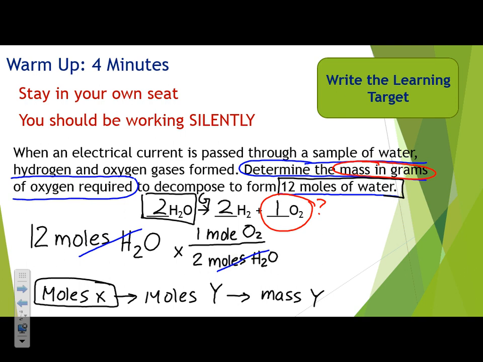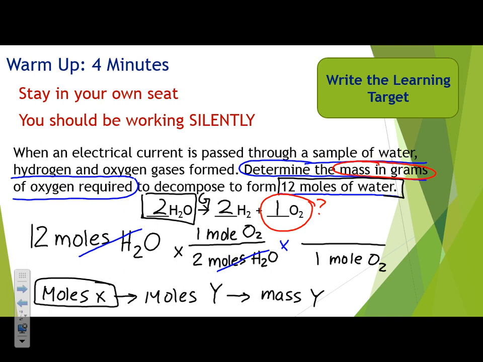But we wanted grams of oxygen. So we need another conversion factor that has moles of oxygen on the bottom. So for every 1 mole of oxygen, now we need to look for a total mass of 1 mole of oxygen.